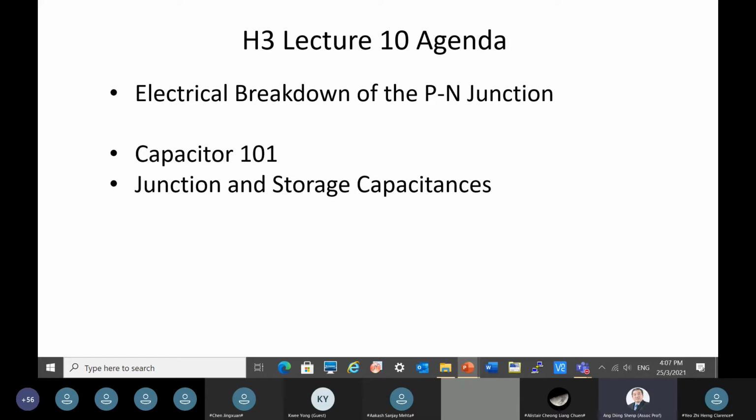I understand that the concept of capacitance is not covered in your H2 physics course. So before we go into the discussion on the PN junction capacitances, I will go through a short discussion on the concept of capacitance. So let me get started with the first topic.